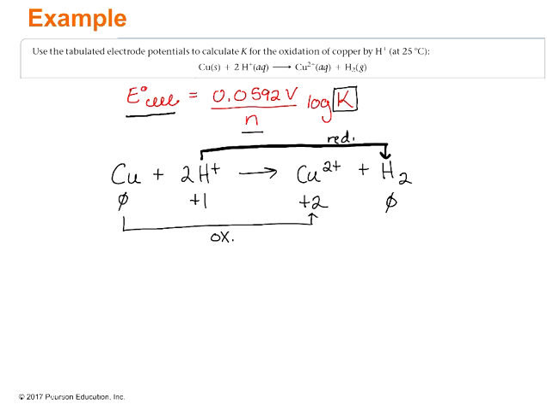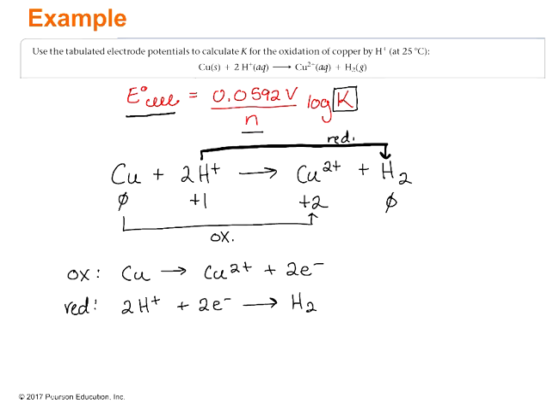Okay, so if we write out our oxidation and reduction reactions here. So the oxidation half reaction is for copper. And the reduction half reaction is for hydrogen. So we've seen these before.